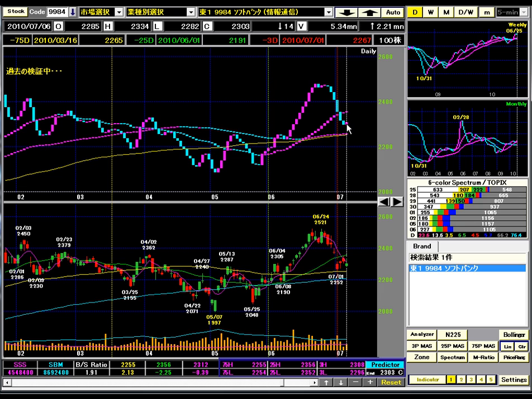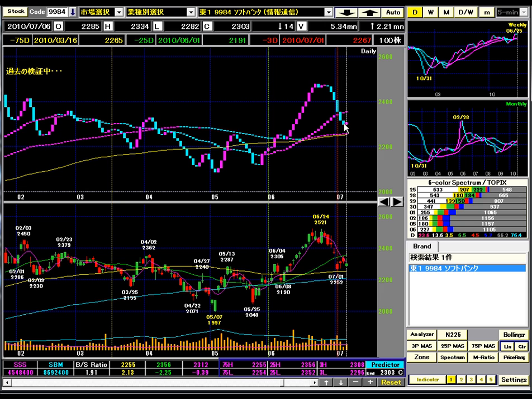There's no definite trend here at all, and it's a period in which the colors of the real bodies can change very easily. Conclusion: do not buy under this kind of circumstance.